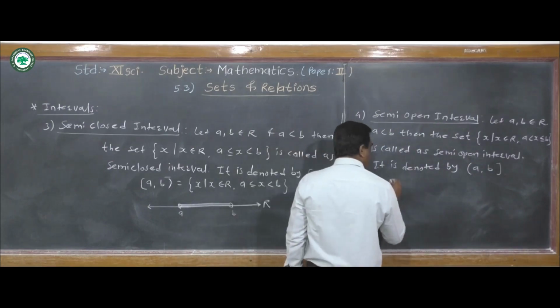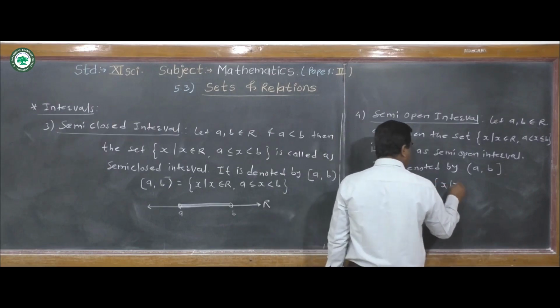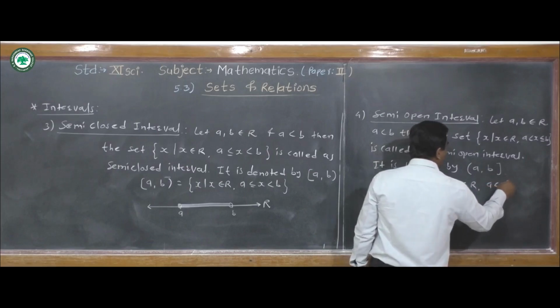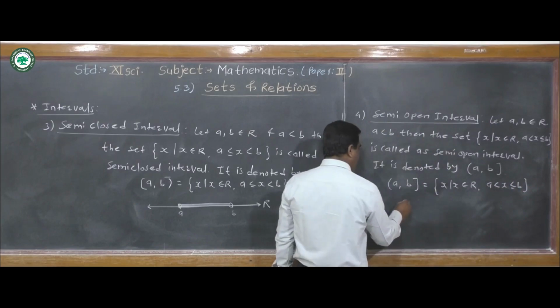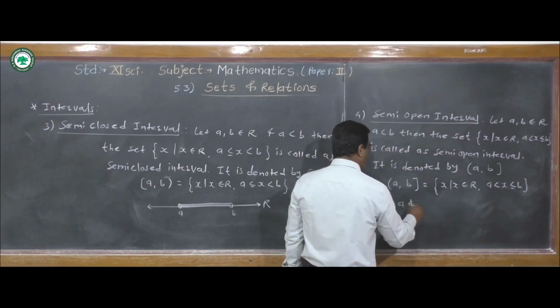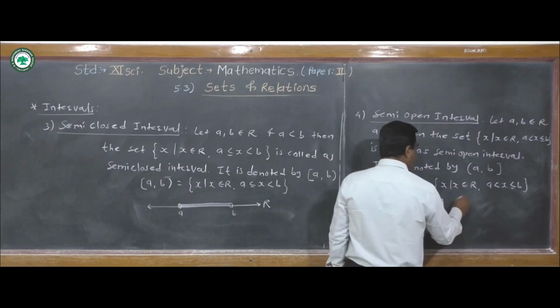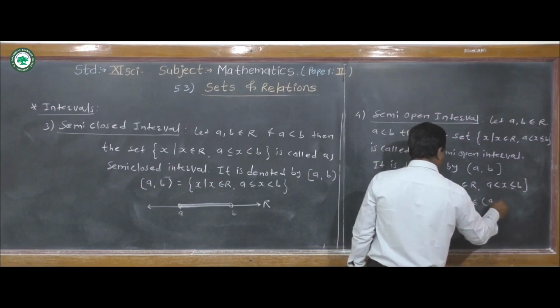This can be written in mathematical form as (a, b] equals {x such that x belongs to R, a less than x less than or equal to b}. That is, here a does not belong to the interval and b belongs to the semi-open interval a to b.